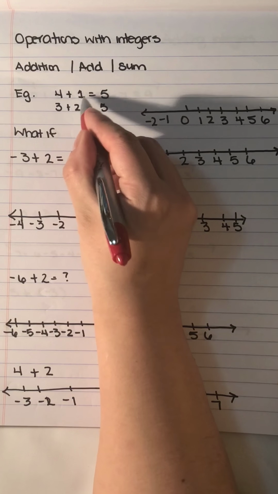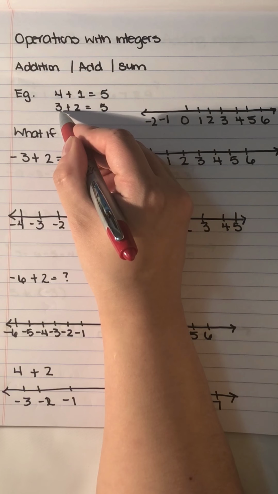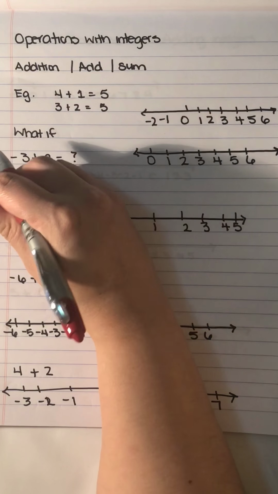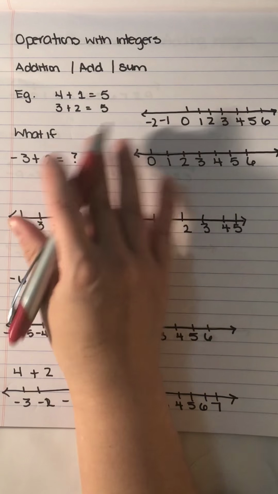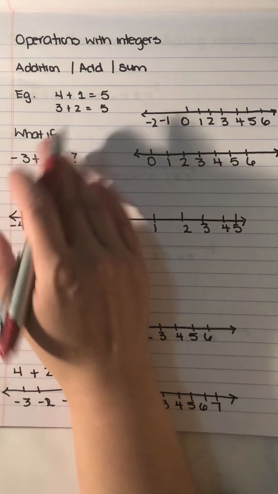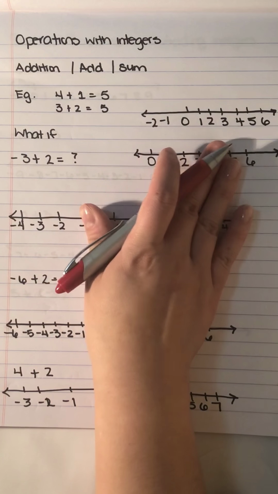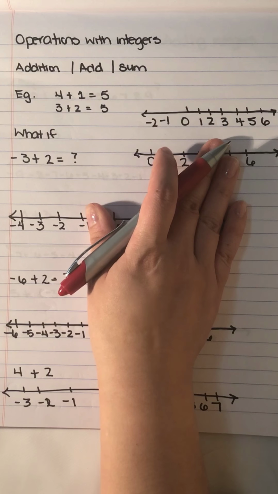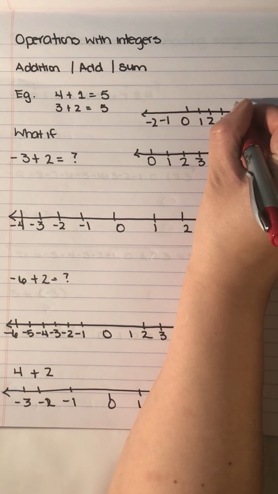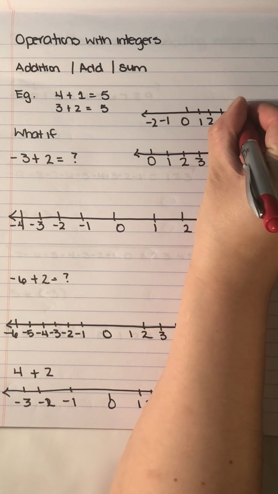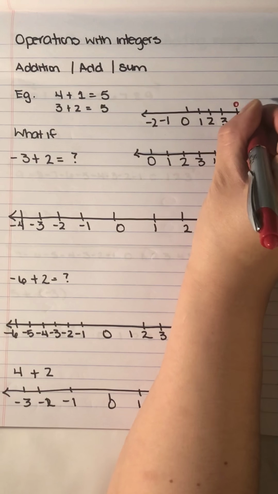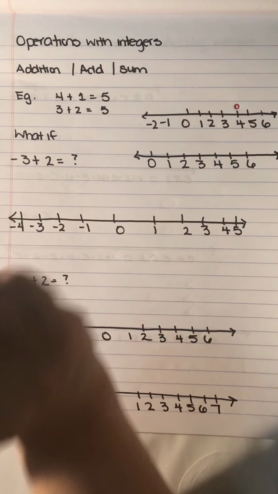We all know 4 plus 1 is 5. 3 plus 2 is 5. But how would that look like on a number line? How would we show 4 plus 1 equals 5? Well, let's start here. Let's place a dot on the 4, and then we're adding 1.